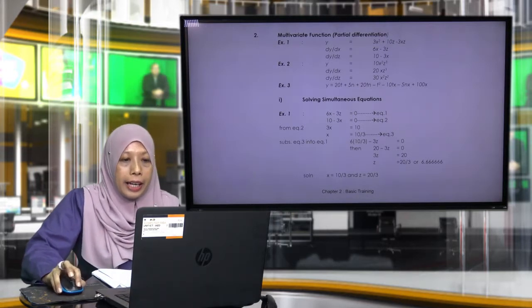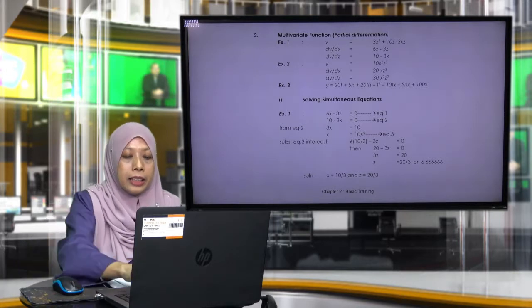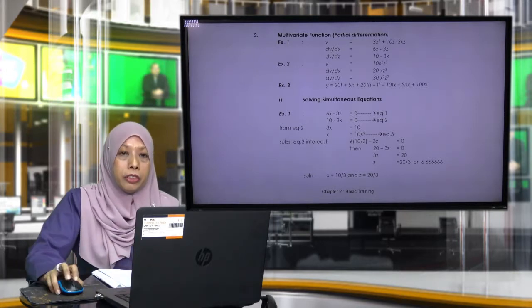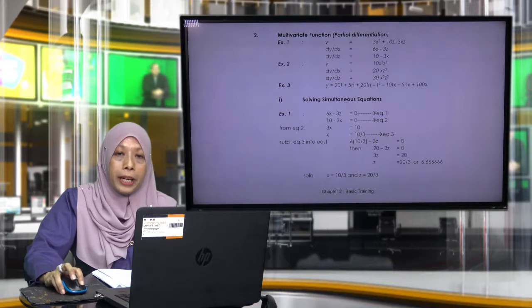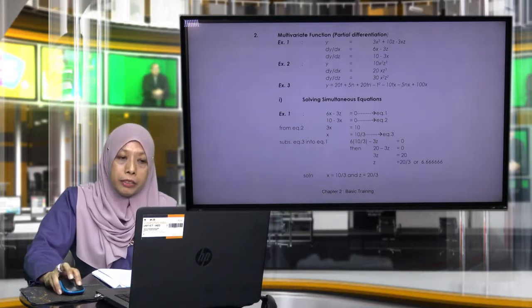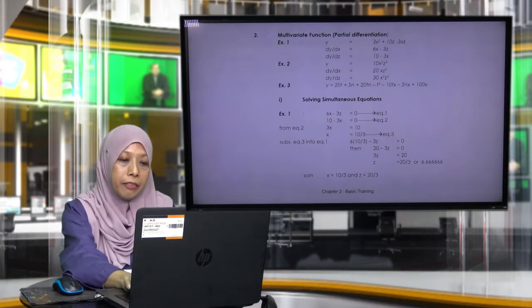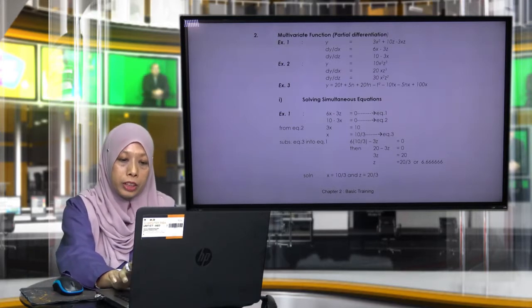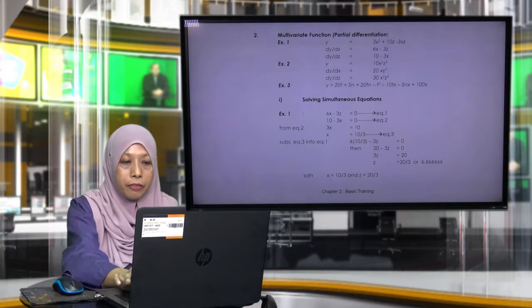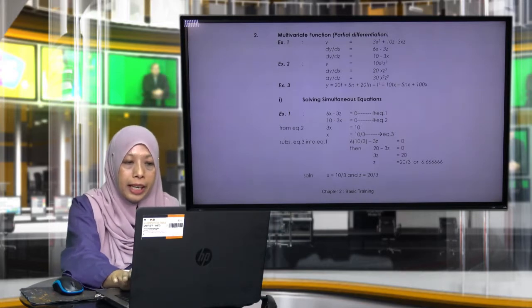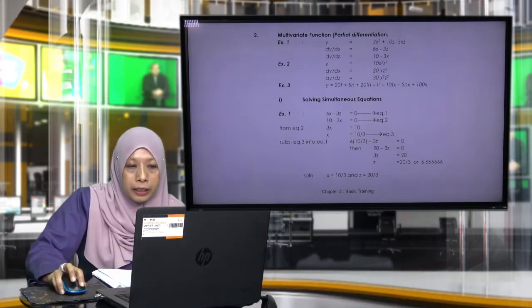The last thing you need to do is to differentiate 100v with respect to v. This is a linear function, and differentiating a linear function will give you the coefficient.